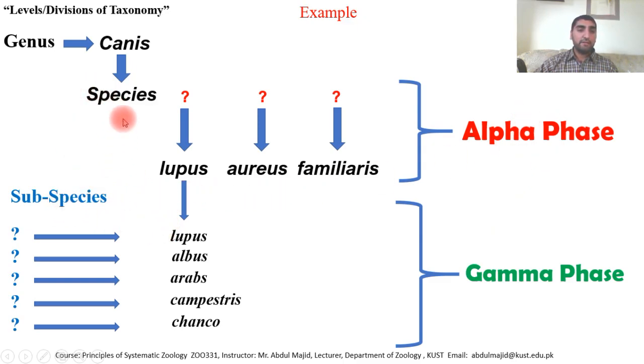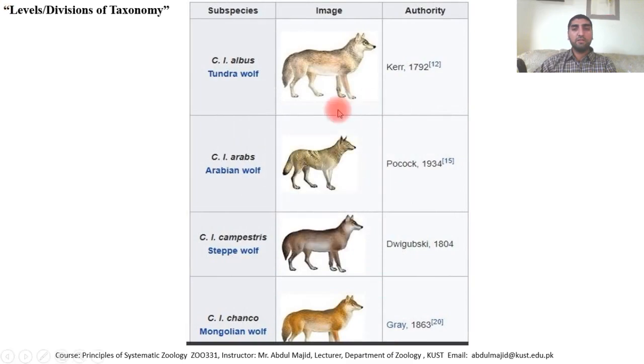So now it becomes Canis lupus lupus, Canis lupus albus, Canis lupus arabus, Canis lupus campestris, Canis lupus chenko. I hope you understand now. These are actually the tundra wolf, Canis lupus albus; the Arabian wolf, Canis lupus arabus; the steppe wolf, Canis lupus campestris; and the Mongolian wolf, Canis lupus chenko. So these are a few examples.